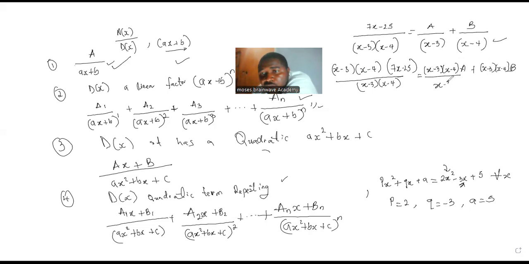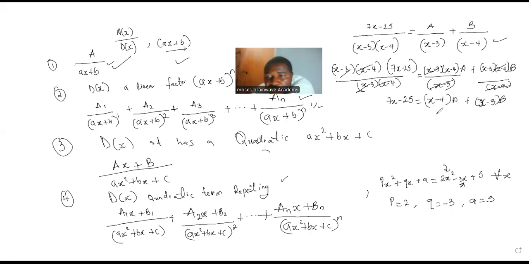Fantastic. So this is what we have. You can always pause the video to watch where you are getting this mixed up. So you have 7x minus 25 should be equal to x minus 4, a plus x minus 3, b.